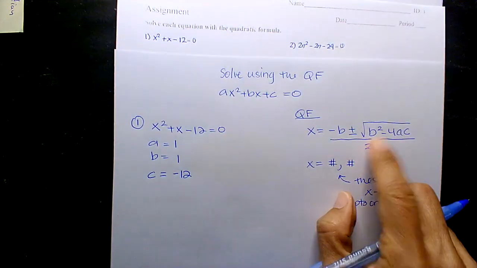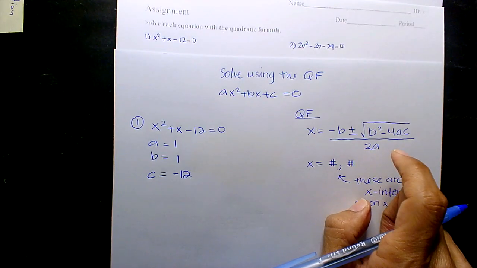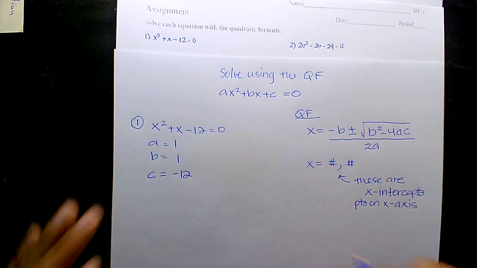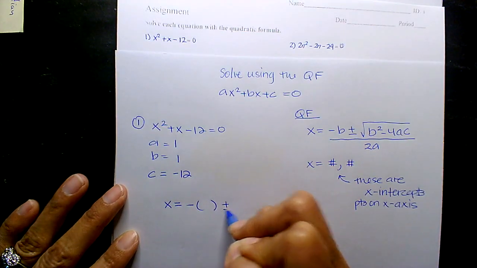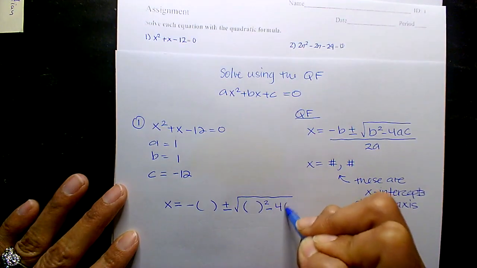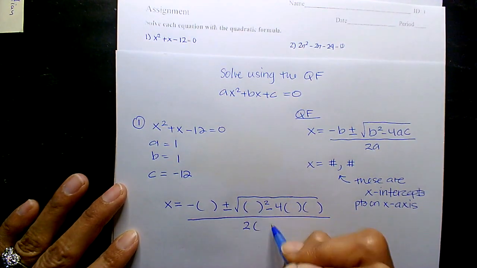That's it. You're now just going to substitute. So I'm going to write it out, and then we're going to go to the calculator to substitute, right? Okay, so x is equal to minus b plus or minus the square root of b squared minus 4ac all over 2a.